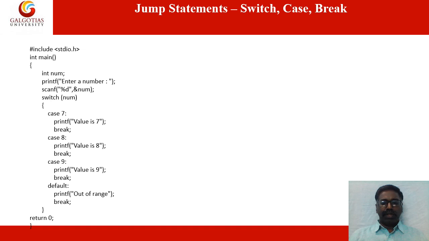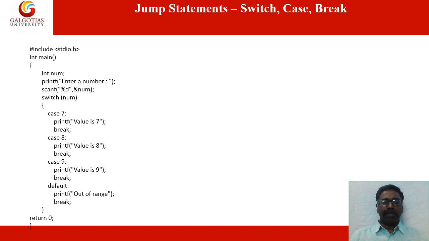There is no need to start from 1, 2, 3. We write for case 7 only, case 8 only and case 9 only, not for all other numbers. For case 7 we print the value is 7, or we can write any set of statements. For case 8 and case 9 we write a simple print, and for default we say it is out of range.